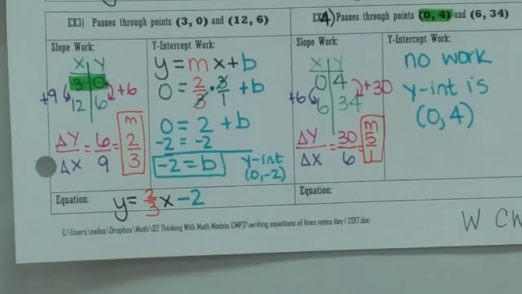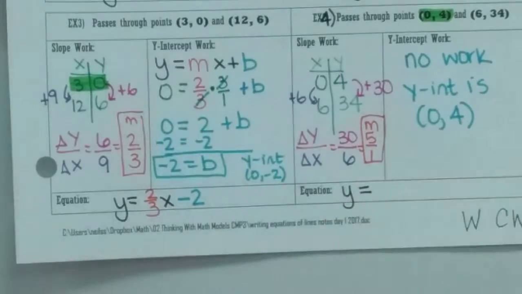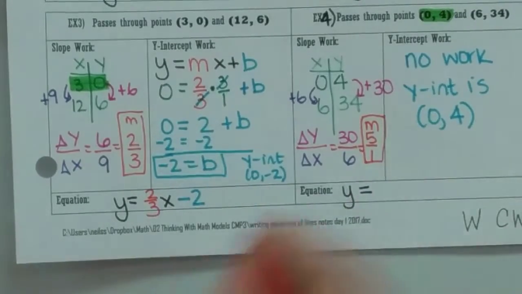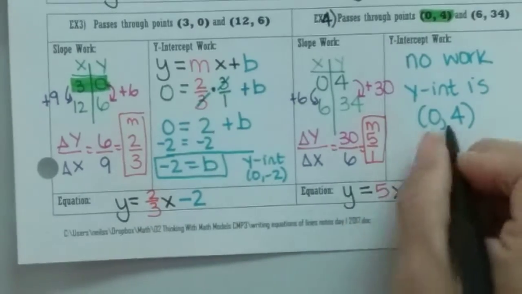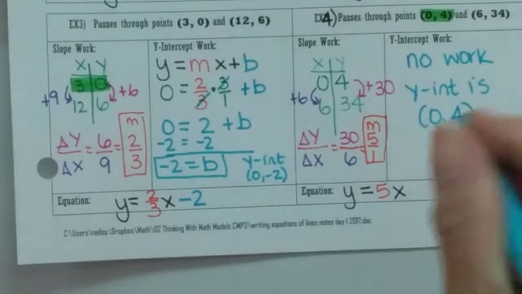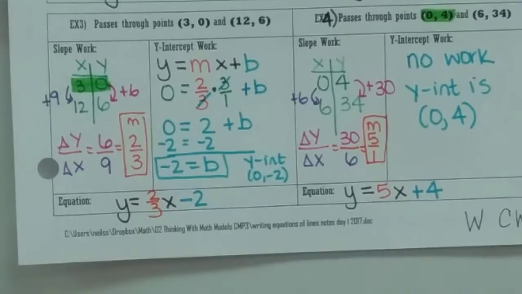So now we can just write our equation. Y equals, in place of the slope, 5 over 1 simplifies to 5. And then we have an x. And since our y-intercept is a positive, we get plus 4. And that is the end of our notes for today.